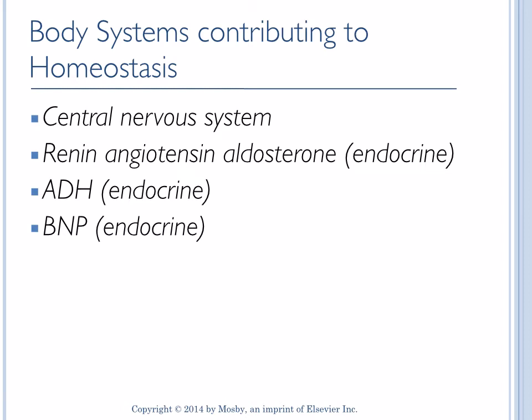Now, BNP was first discovered in lesser amounts in the brain, and it is a hormone secreted mainly by cardiac cells in the ventricles in response to wall distension, which is volume overload. Secretion of BNP will cause diuresis and vasodilation.